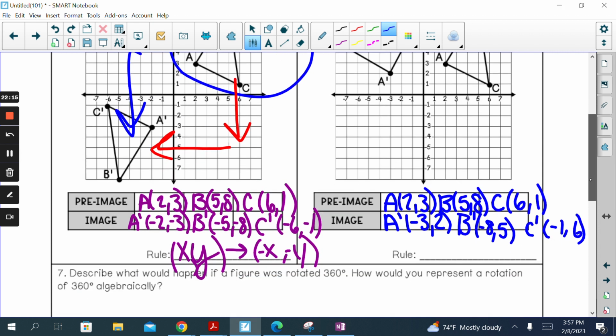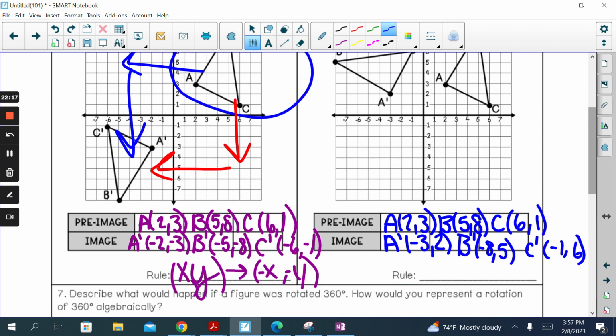All right, so if we look at those points, you can just pick one point. A has (2, 3), and then it goes from (2, 3) to (-3, 2). Well, right off the bat, my X and my Y switch.